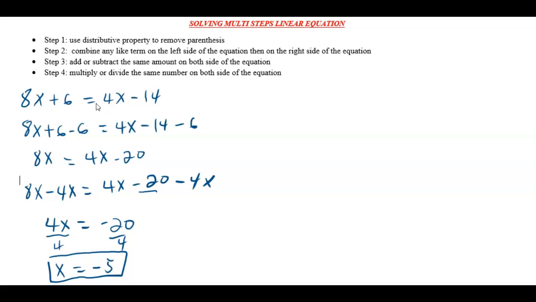Let's do another example. If we have negative (7 minus 5t) minus 13 equal 25.